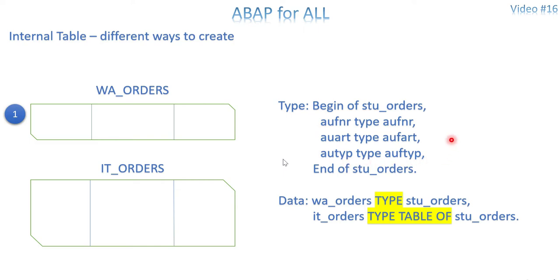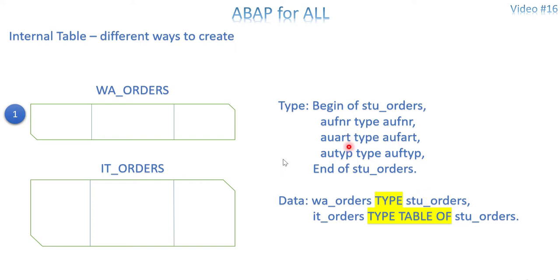So, begin of structure name. What are the fields you want? You can have the same or different field names over here, and close your structure with end of. This is one structure which has three fields, and DATA WA_orders TYPE structure name. Here TYPE is a keyword which creates a work area based on this particular structure.